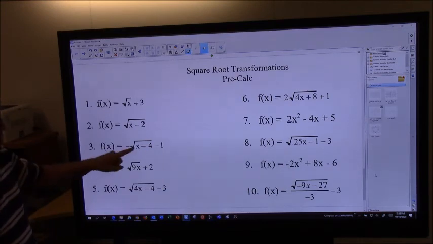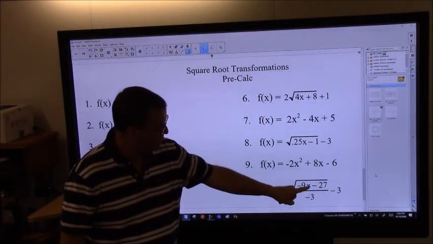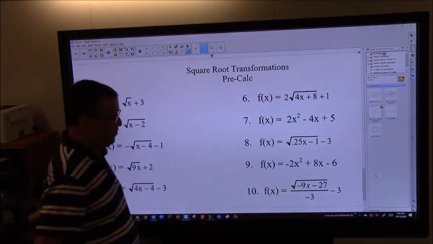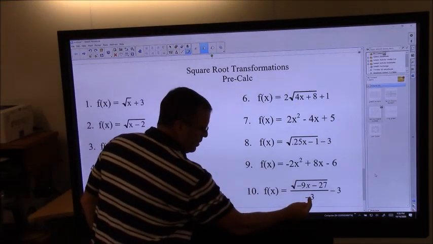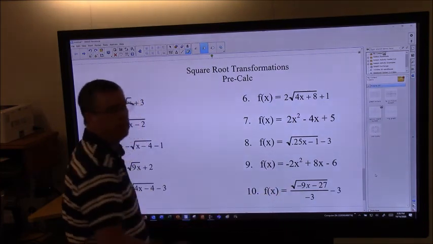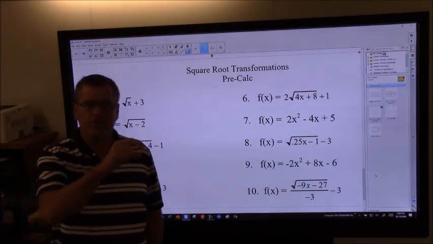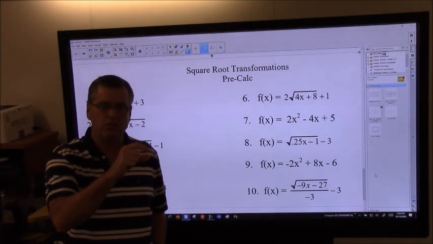I do want to talk about one thing. This right here, a lot of times people look at this and they kind of get stuck on that. Well, that -3, you can actually just pull that out in front and call it a -1/3. It's our a value, right? If you take half of something, that means divide it by 2.